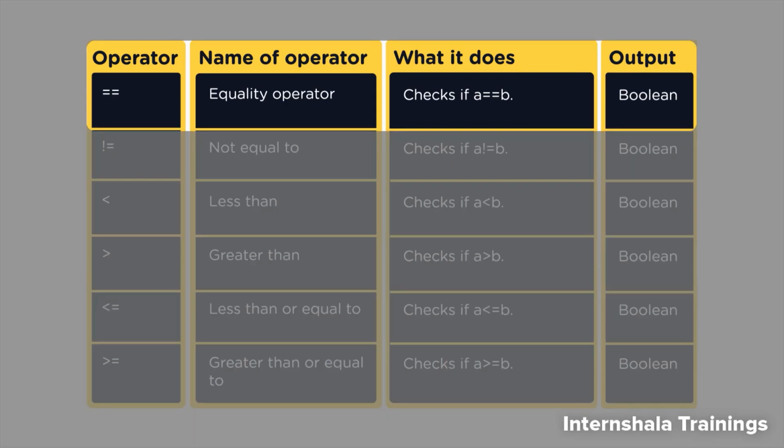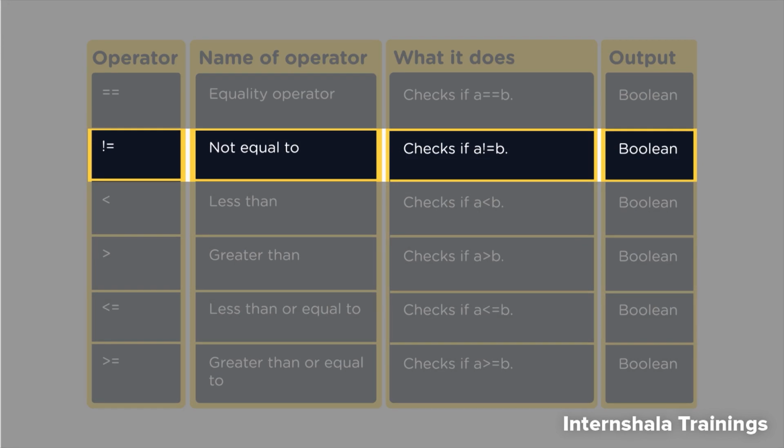So, this is known as the equality operator. It helps us see if the value of variable a is equal to the value of variable b or not. And since the answer can either be yes or no, the result of this operation will be a Boolean value, that is, true or false. Next, we have the not equal to operator.